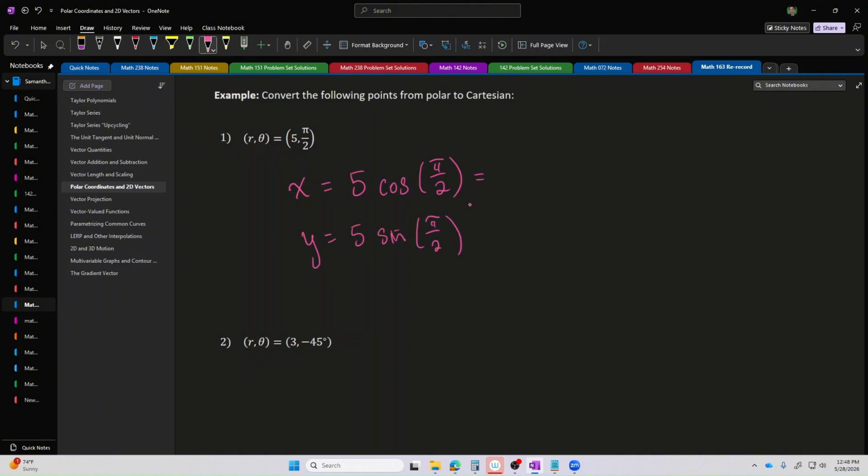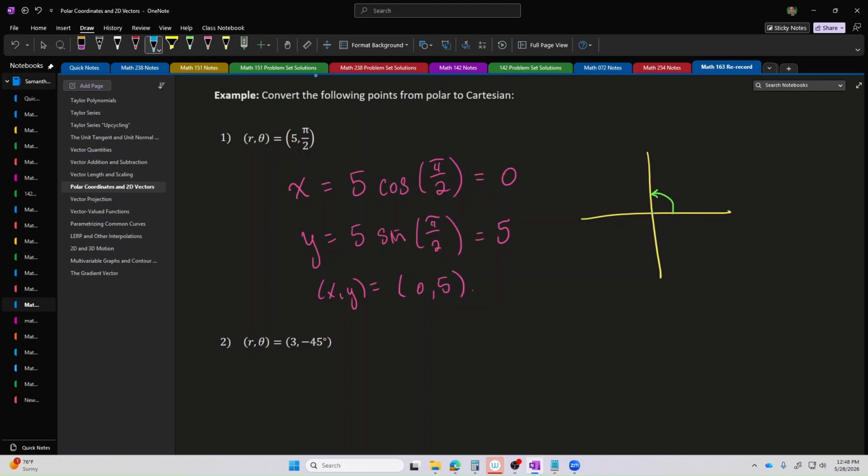Cosine of pi over 2 is equal to 0. Sine of pi over 2 is equal to 1. So the Cartesian expression of this location is 0, 5. Let's check and quickly see that this makes sense. If I'm given a value of theta equals pi over 2, that's 90 degrees measured counterclockwise from positive x.